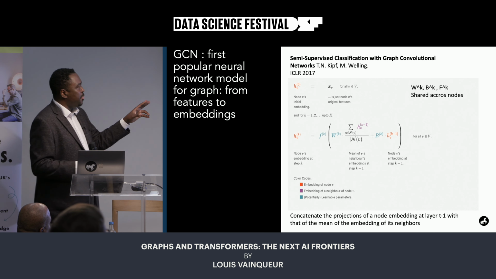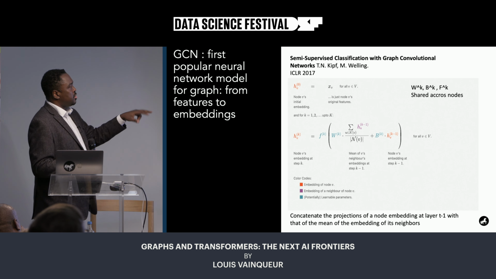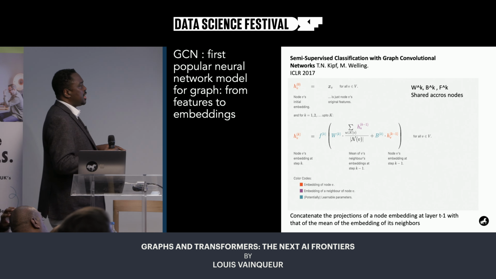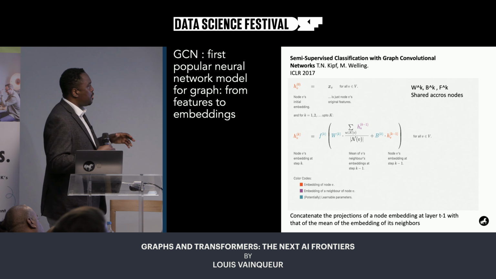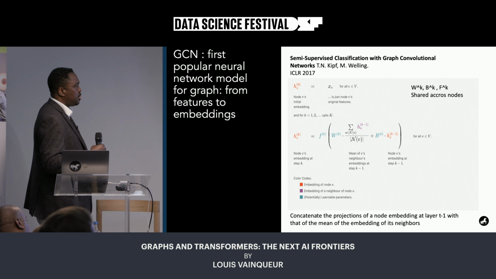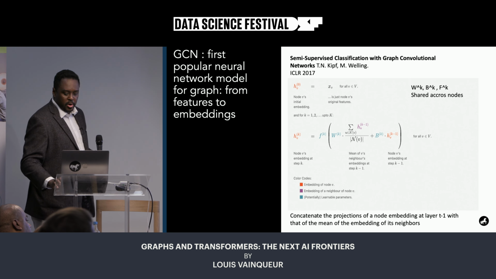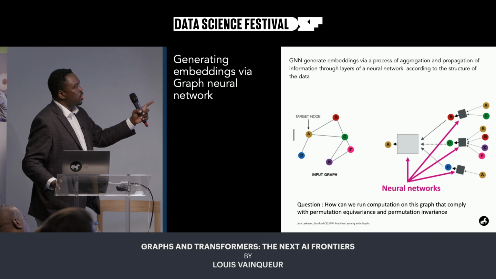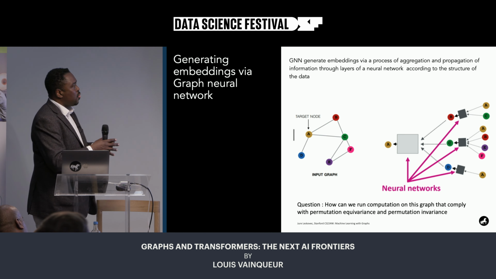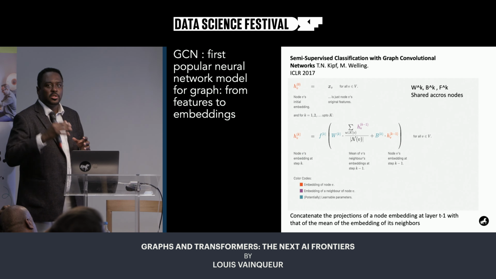And so what's happening there is actually very simple. You see the H value here. H_v, for example, is a representation, so a vector, for the node V that we are trying to deduce. Inside this neural network that we show, you have several layers. So what you do is you take the representation found at the previous layer.